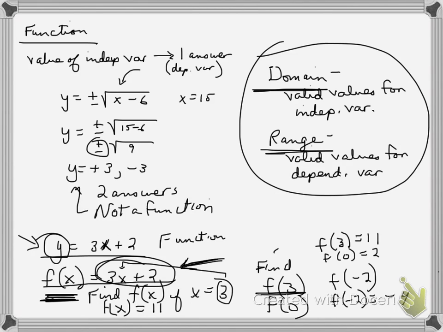For instance, if I said f of x equals 7 over x, I cannot divide by 0, so 0 would be excluded from my domain. So you think that through, read through the description of that in the literature, and then do 5.2, the rest of that on your own, and we'll talk about any confusions when you come to class.